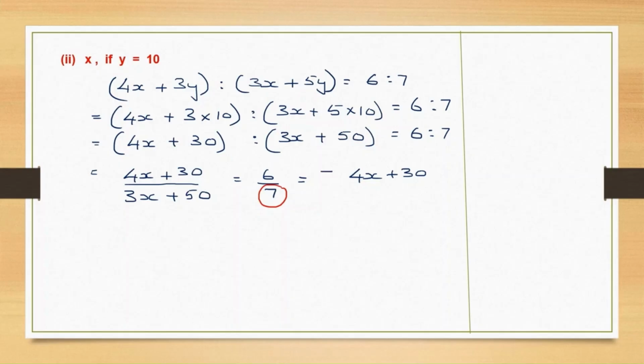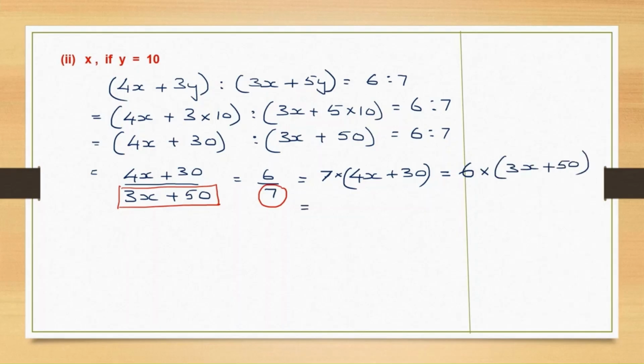So this is now 7 into this whole thing, equal to, on the right hand side we have 6 as it is, and now we will transpose 3x plus 50 to the right hand side. When we transpose it from the left where it is division to the right, it changes into multiplication. So this becomes 6 into 3x plus 50.